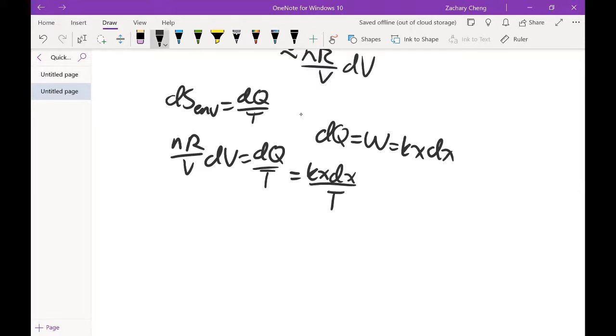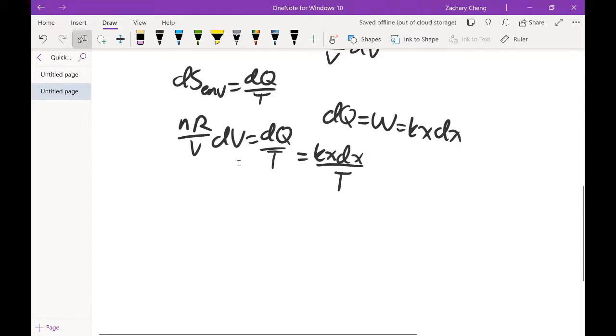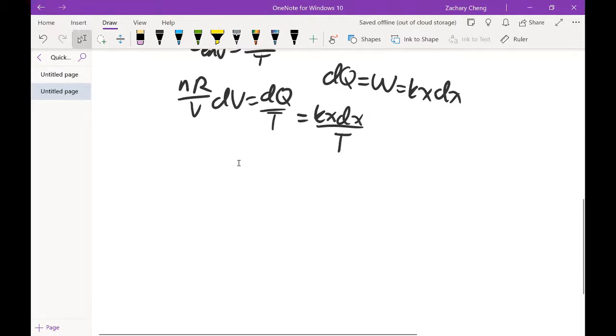Okay, so now for our next step, we can write that dV is just equal to A dx, where A is the cross-section area, but A is also equal to V over x, in fact, which you can quite clearly see.